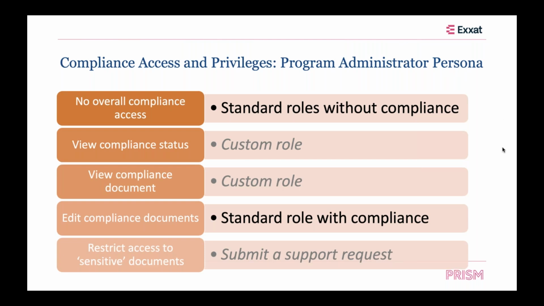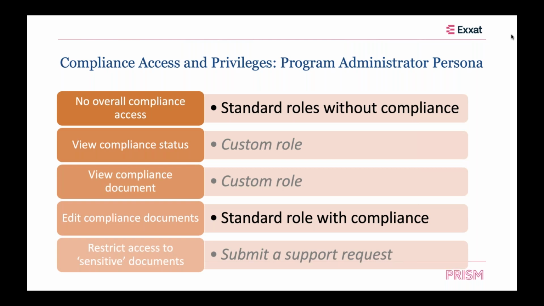So first we'll talk about what are the levels of compliance accesses and privileges we provide to the program administrator persona. So this goes from the lowest level to highest level till the fourth row. So first is no compliance access. We talked about this. This role, standard role without compliance, provides that.